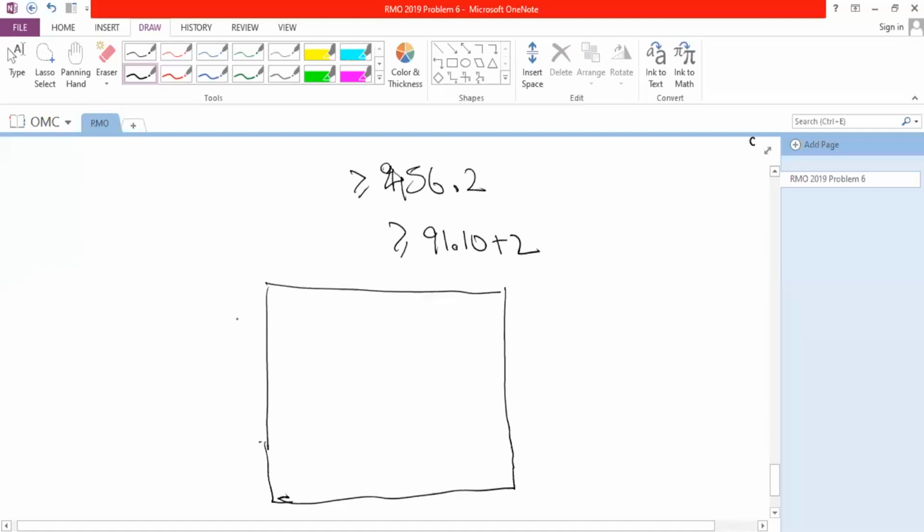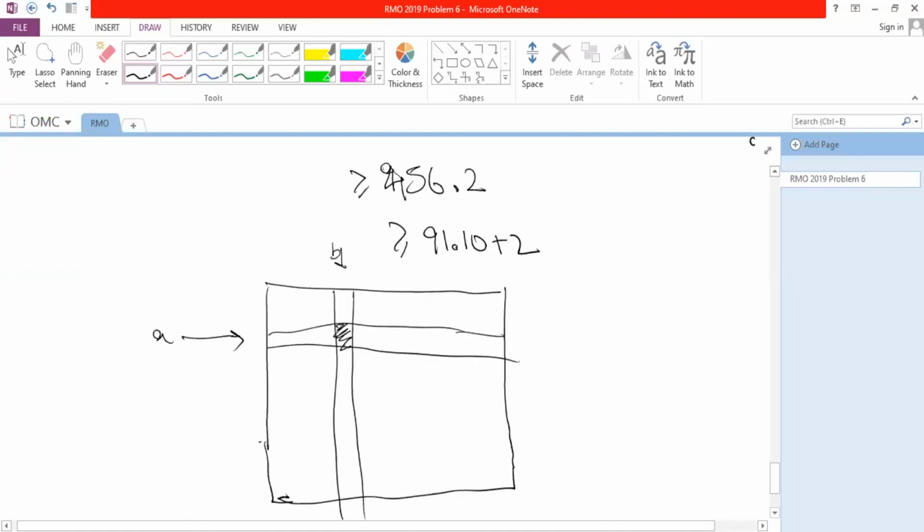GCD of A comma B is 1 means the cell at row A and column B is black. Now we have that GCD of B comma C is also 1. This implies that GCD of C comma B is also 1, so the cell at row C and column B is also black.